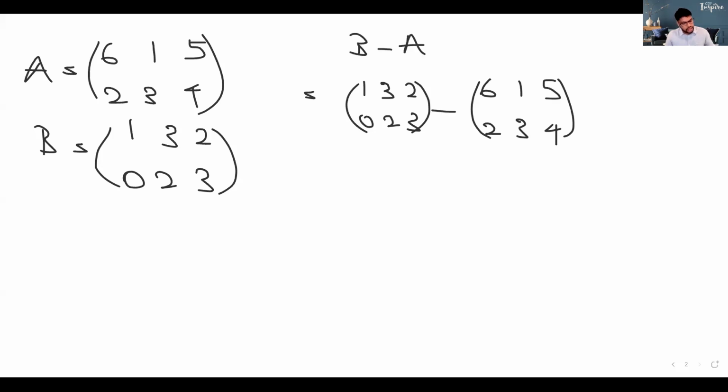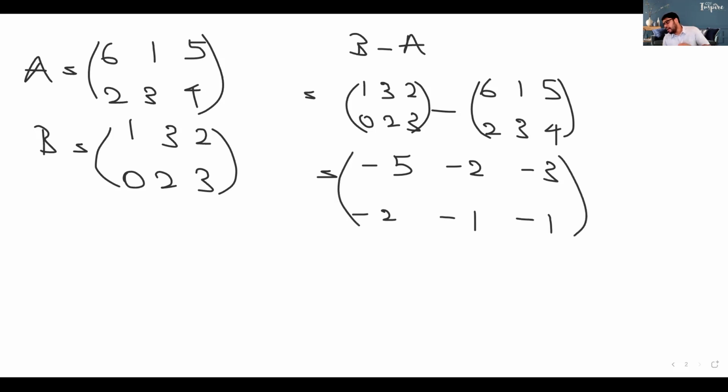B minus A. So I subtract all of the elements of A from B, right? So basically 1 minus 6 gives us -5, 3 minus 1 is -2, 2 minus 5 is -3, and 0 minus 2 is -2, 2 minus 3 is -1, 3 minus 5 is -1. So this is the resulting matrix. No, this is not -2, this is +2, right? 3 minus 1 is +2, the others are all negative, right? This is the answer to part 4b.